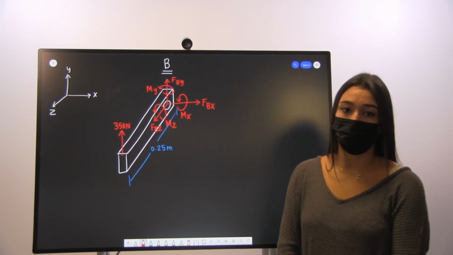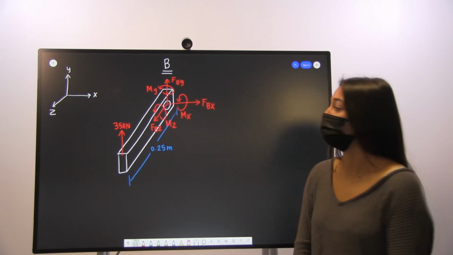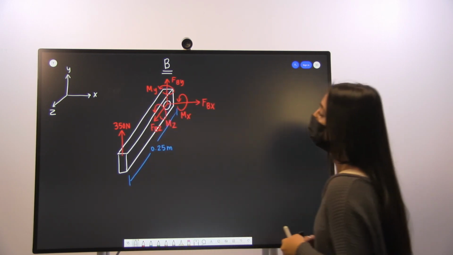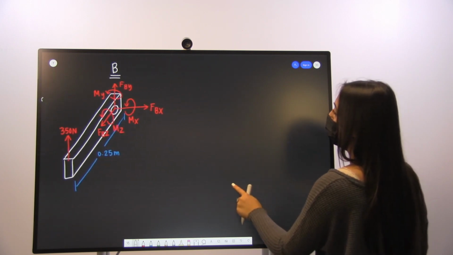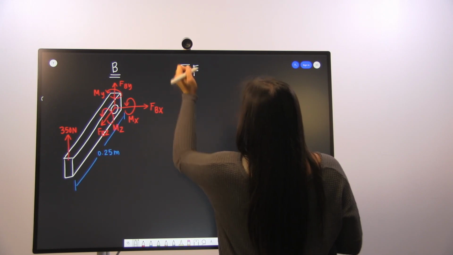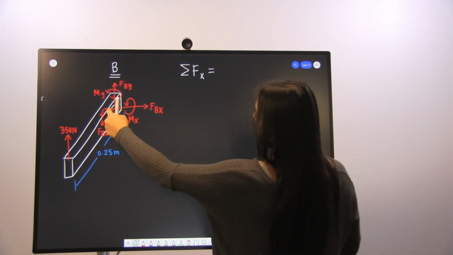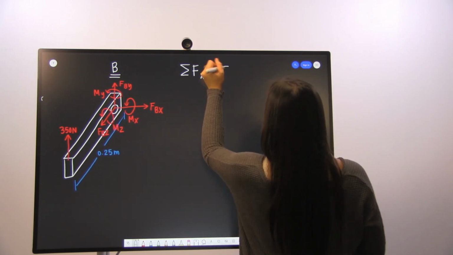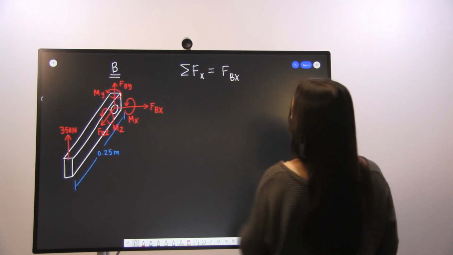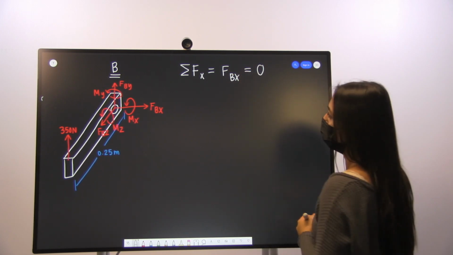So our next step in solving this problem is going to be to utilize our equilibrium equations to solve for the values of each of these forces and moments. So we'll start with summing all of the forces in the x direction at point B. At point B, we have Fb of x, and that is all. And of course, this is going to be equal to 0.